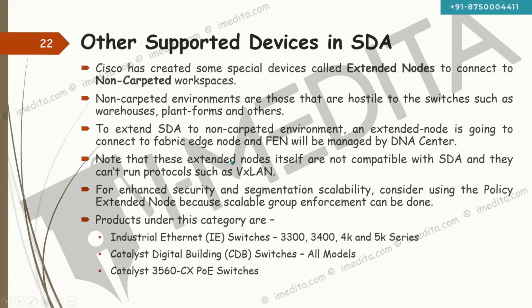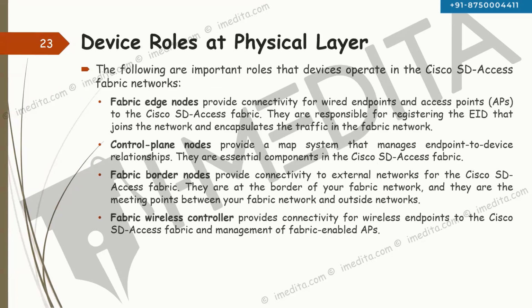Once we have made the reachability between the devices, and from the devices to the DNA Center, what we are going to do is set the roles onto the devices. There are a total of 3 roles that we are going to set on these switches.